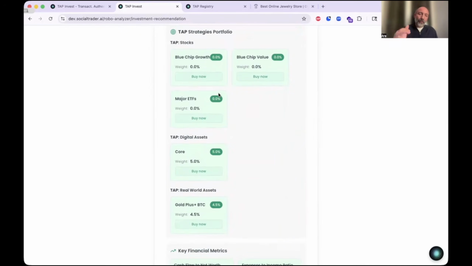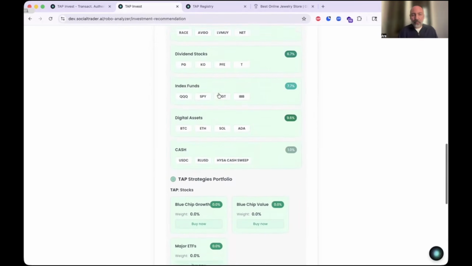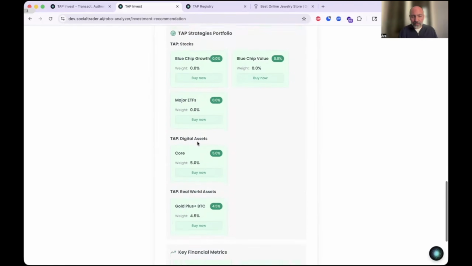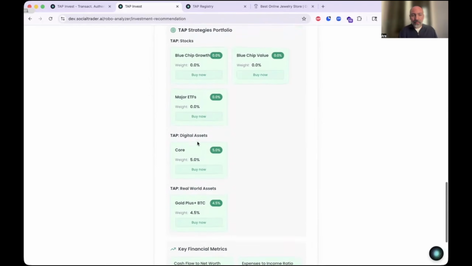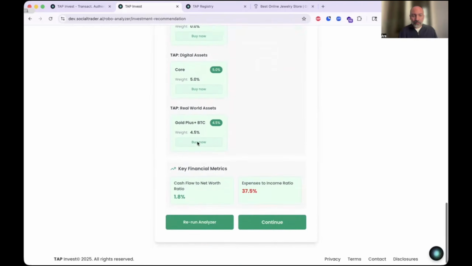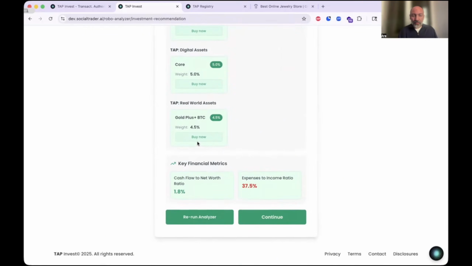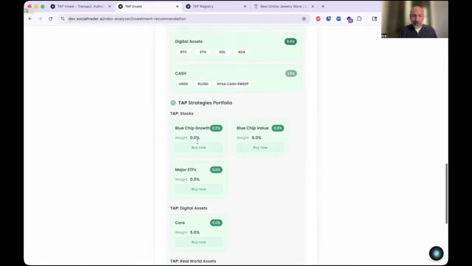Had I been medium risk, then you'd have more in the stock strategies. Now we do have all those areas covered here in the individual stocks and the assets that it's recommending to us. And then as you can see, there's also metrics that tell you your expense to income ratio and your cash flow to net worth ratios.